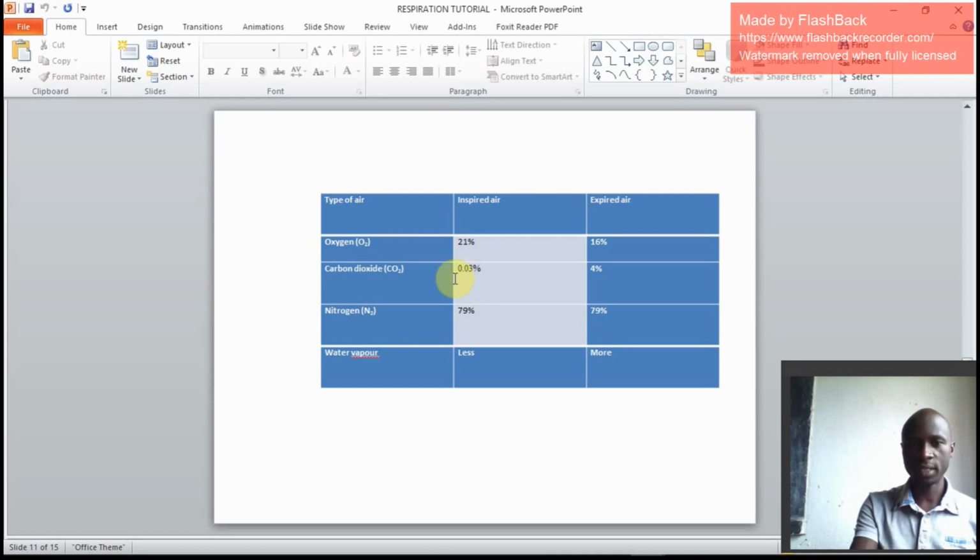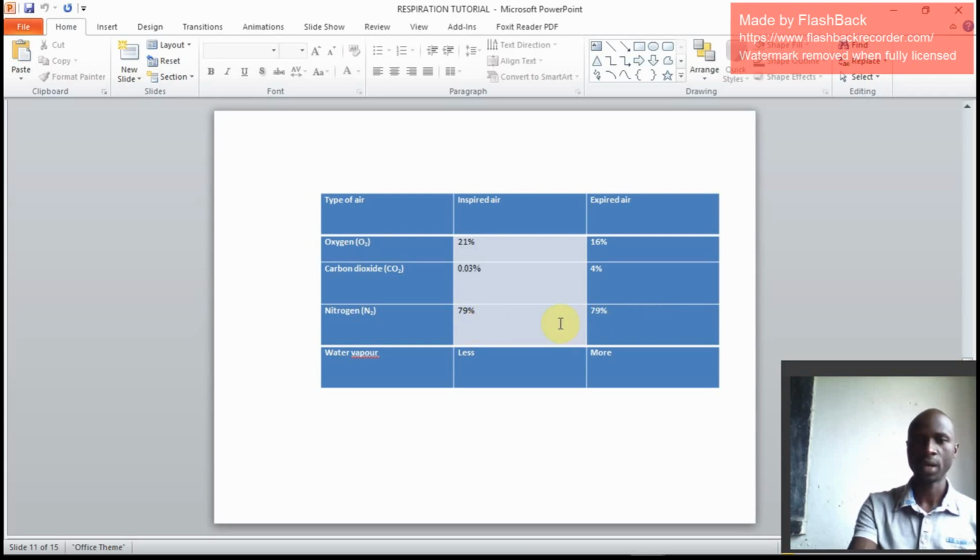And why does carbon dioxide increase? Part of it is produced during respiration, because we have seen oxidation of food releases carbon dioxide, energy, and water vapor. So carbon dioxide will be released; that's why there is an increase. How about nitrogen? We put in 79, we take out 79.